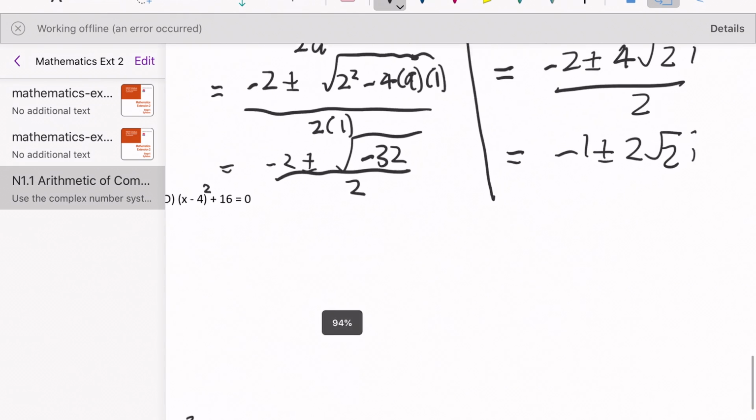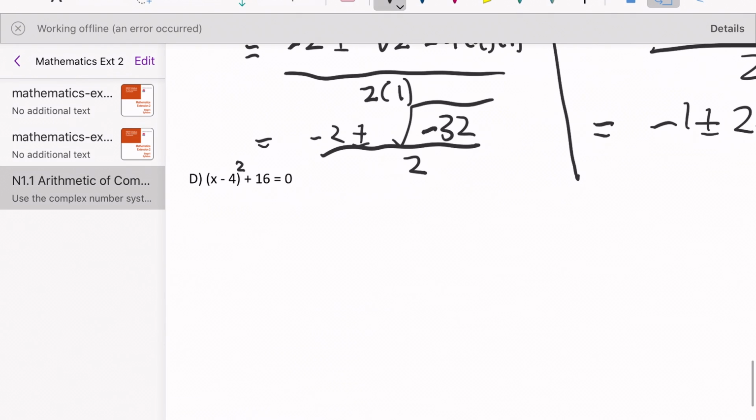Let's do the same thing in D. We've got (x minus 4) squared plus 16 equals 0. Well, we can write 16 as negative 16 i squared. And then we get a difference of squares.